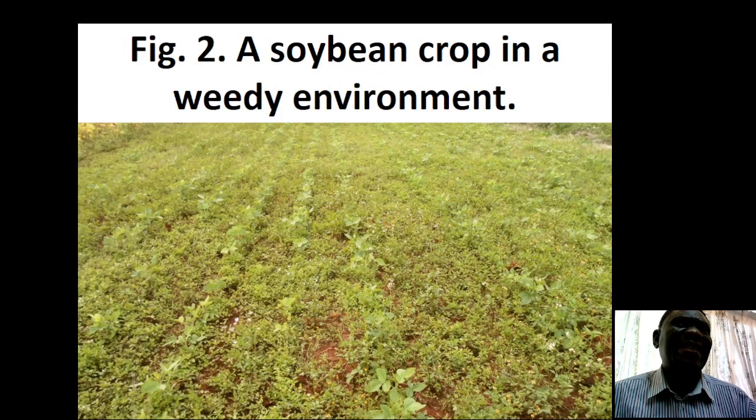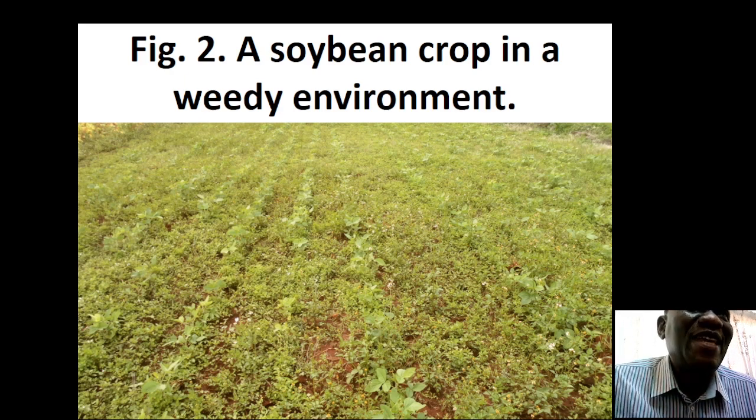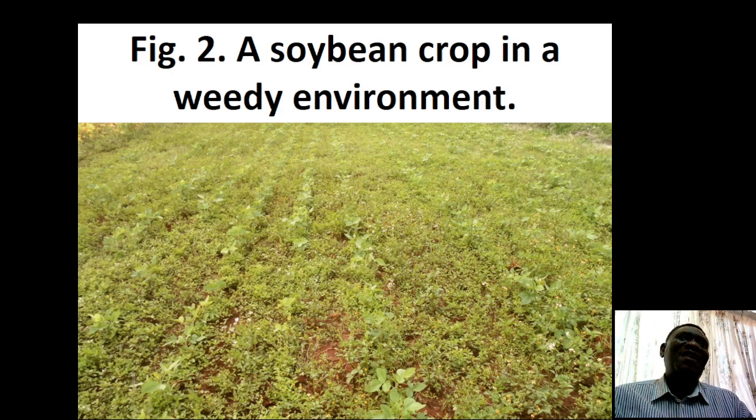Here you can hardly see the soybean crop in a weedy environment. Of course, you can see those lines of the soybean, I hope they are visible from where you are, but there are also weeds.